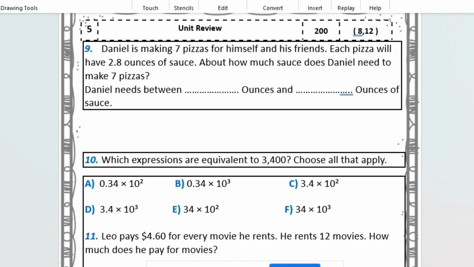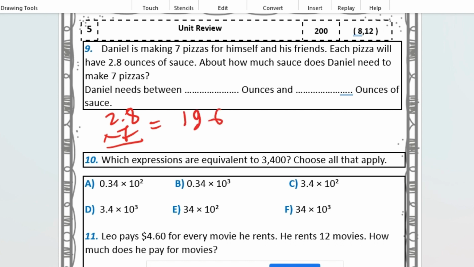Okay, Daniel is making 7 pizzas for himself and his friend. Each pizza will have 2.8 ounces of sauce. How much sauce does Daniel need to make 7 pizzas? So it's 2.8 times 7. 28 times 7 is 196.